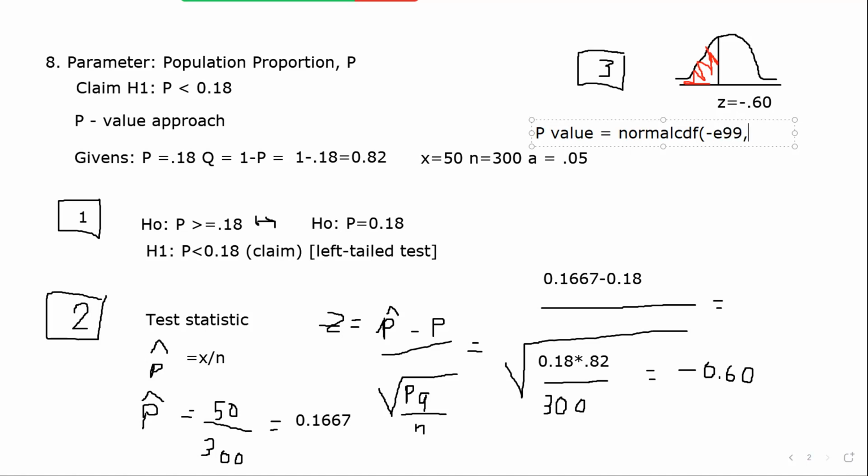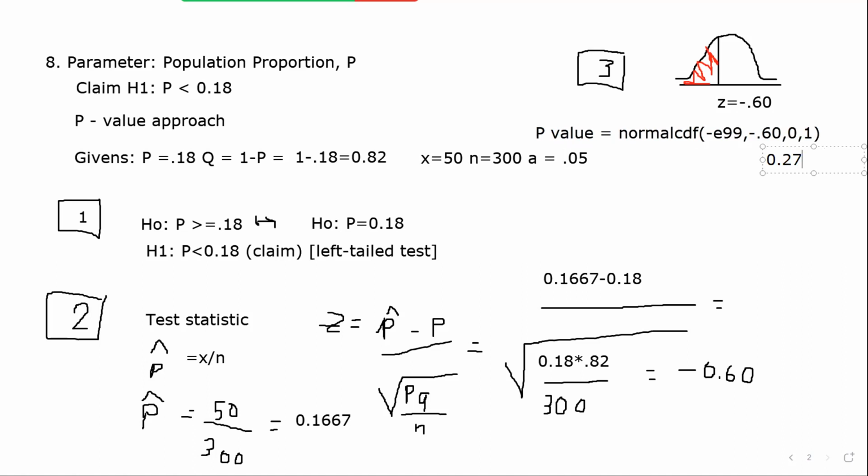I think we can squeeze it in if I don't take too much time. Negative E99, negative 0.60, and 0 and 1. And this is equal to 0.2743. Now, what is our relation?